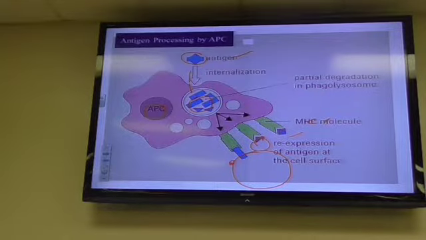So that's antigen presentation. Again, going through these, T cells like this one do not recognize this antigen by themselves. It's first taken up by these antigen-presenting cells, and then a small peptide is presented on their surface in conjunction with MHC molecules.